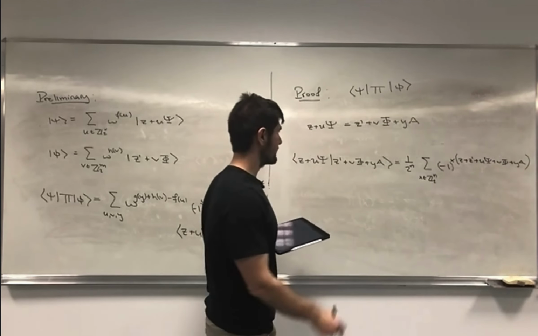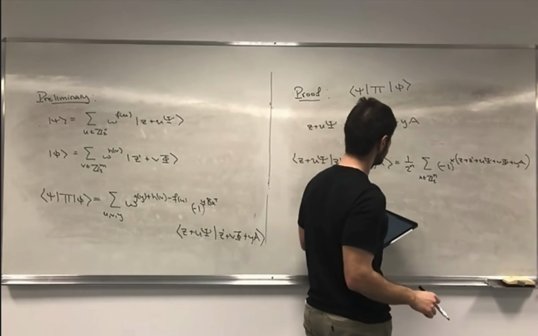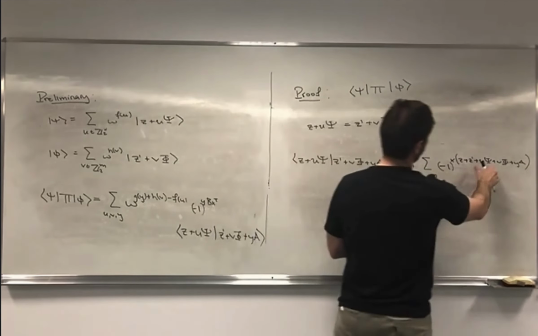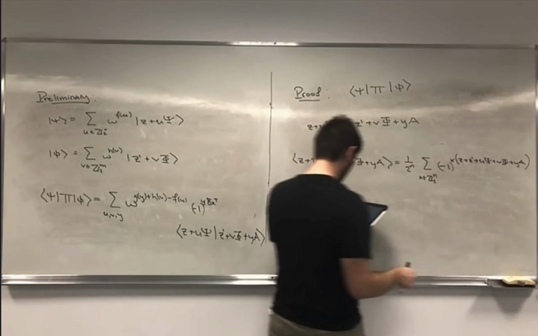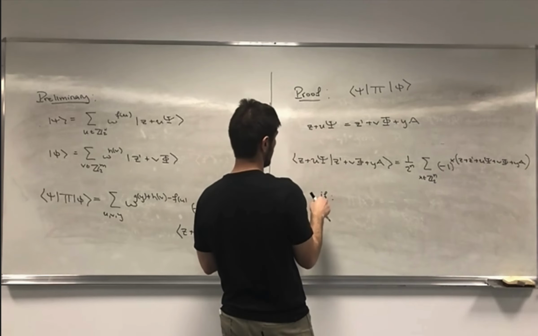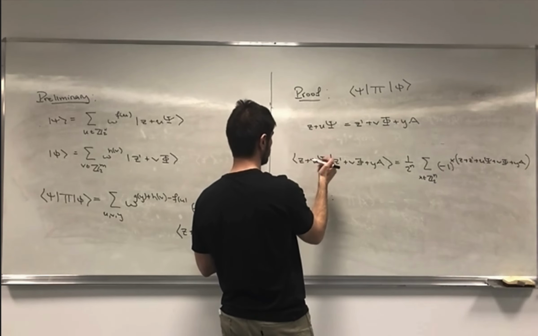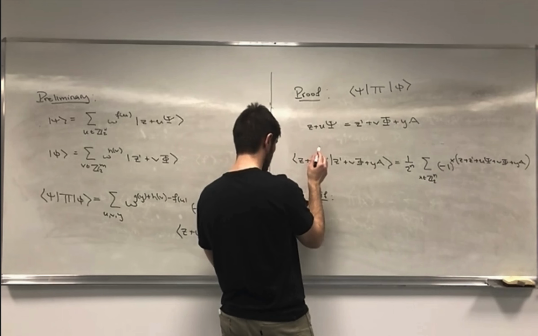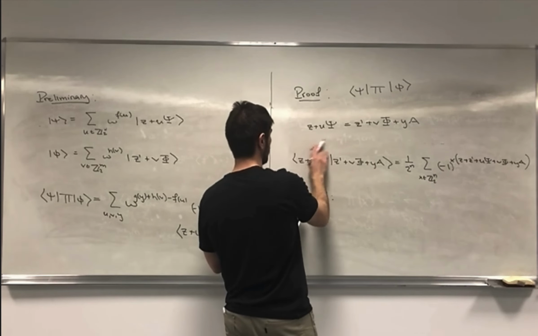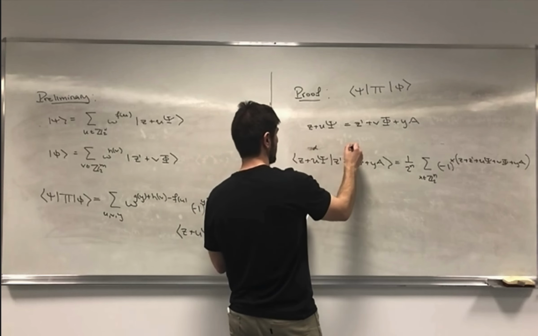And now how does this help us? Suppose that these two are equal. When these two are equal, then this sum will be equal. So let me write down the cases. Let's call this alpha and alpha prime.